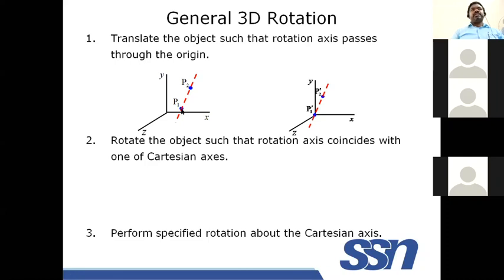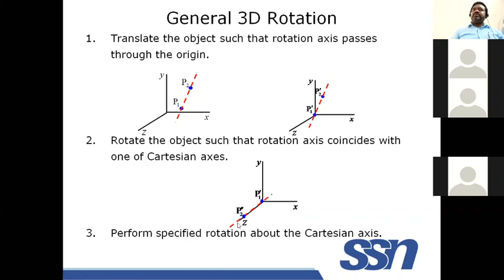I am moving this point to coincide with the origin. It has been moved. This is the first step. The second step is to make this axis coincide with any one of the known axes. You can make it coincide with either X or Y or Z. In this case, the axis is rotated such that it is coinciding with Z.